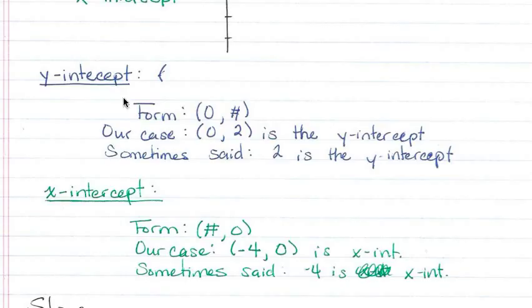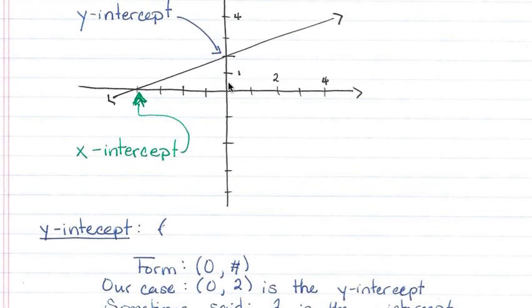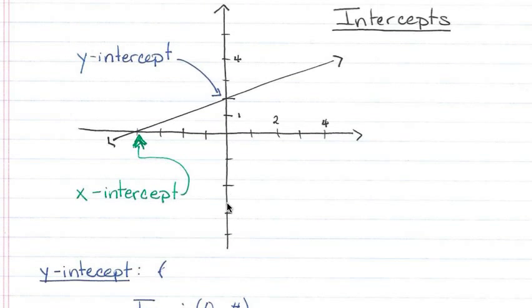Okay, so now let's look at some more specific details for these. So for the y-intercept, you will have the form (0, number). Now this is just an ordered pair. If you don't know what an ordered pair is, watch the video, I'll put it in the link below. You always have a 0 first for your ordered pair because any point on the y-axis will have an x value of 0.